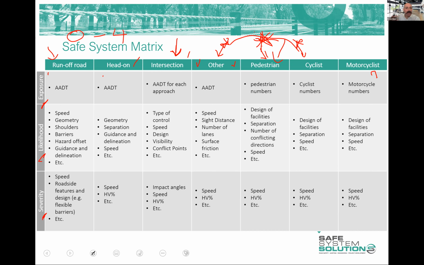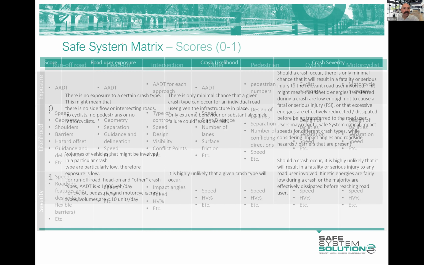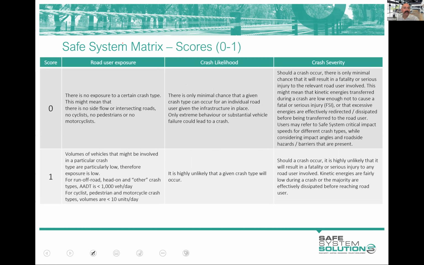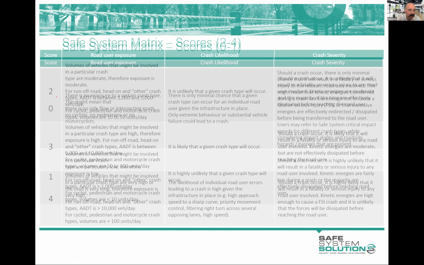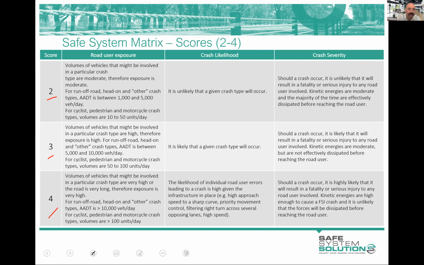To be able to put numbers in there, we utilize a thing which we call the scoring reference sheet, again straight out of the Road Safe System Assessment Framework. It shows you exposure, likelihood, and severity, and 0, 1, 2, 3, 4.